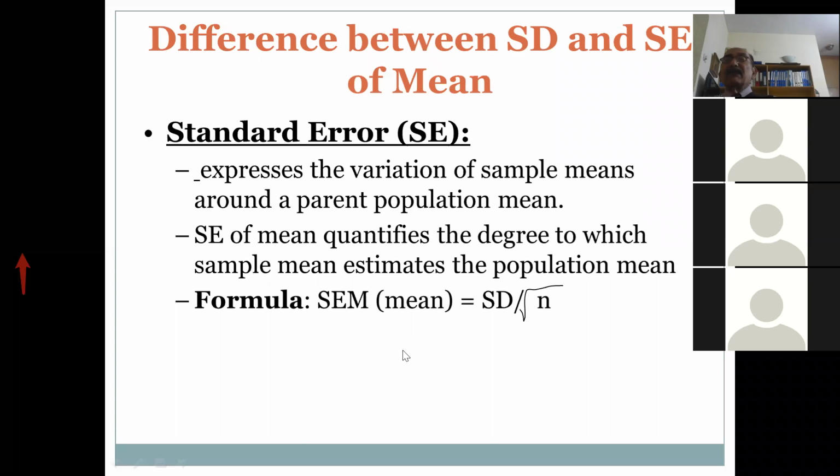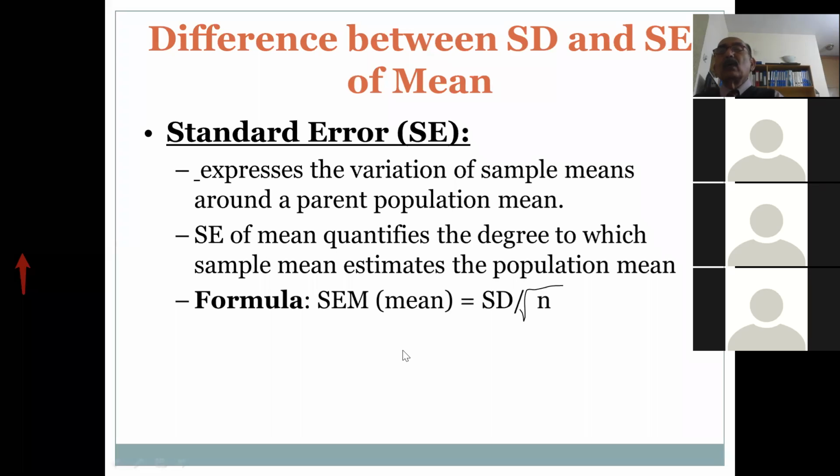Definitely there will be a difference between the sample mean and the population mean, and how big the difference is depends upon the sample size. If you increase the sample size, the closer your sample estimate is to the population, the less the standard error. Your study will be more precise. So standard error of the mean quantifies the degree to which the sample mean estimates the population mean. It does not tell you the dispersion of data.